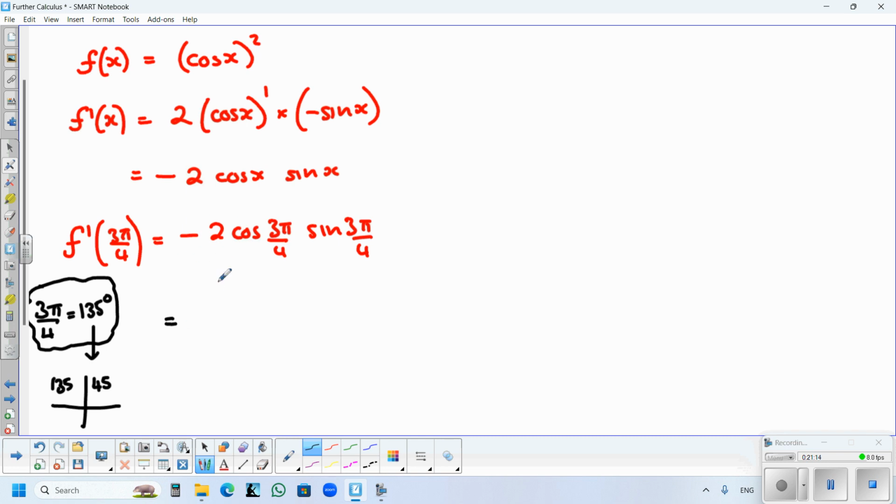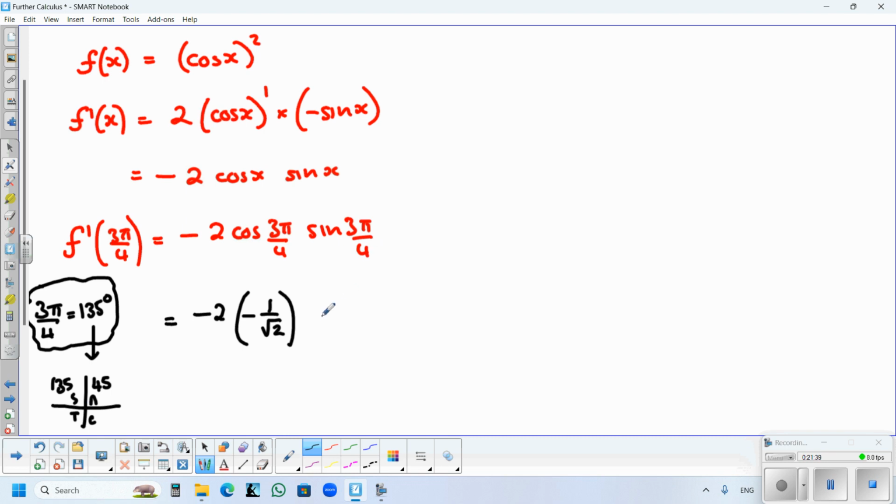That minus 2 stays, and I want cos 3 pi over 4, which is cos 45. Cos 45 is 1 over root 2, but cos is negative. Thinking of your CAST diagram, cos is negative in quadrant 2, so it's minus that. Then we've got to multiply it by sin 135.